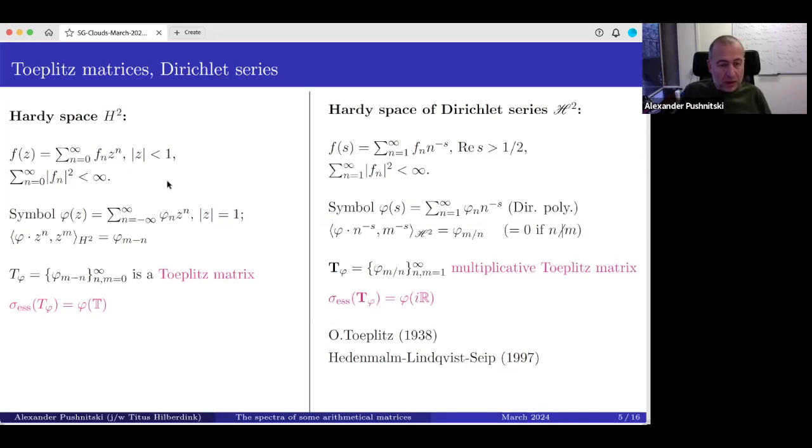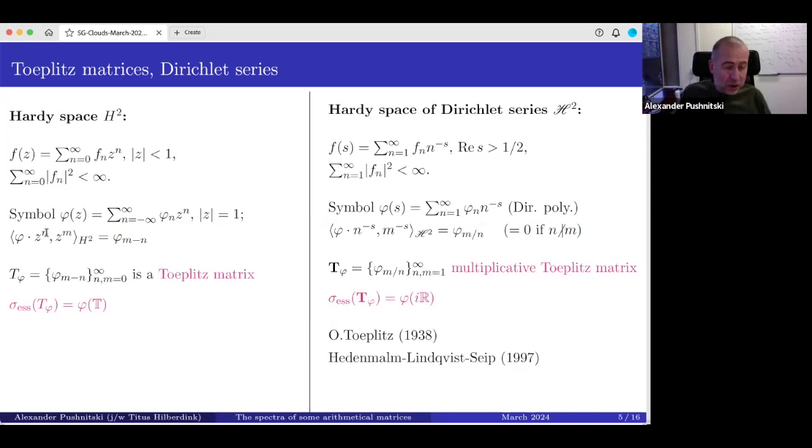Now, let's now consider the following scenario. Let's take a function which is called symbol in this context, which is, let's say, a bounded function on the unit circle. So here I allow the indices n to go from minus infinity to infinity. We are on the unit circle. And now consider the following thing.